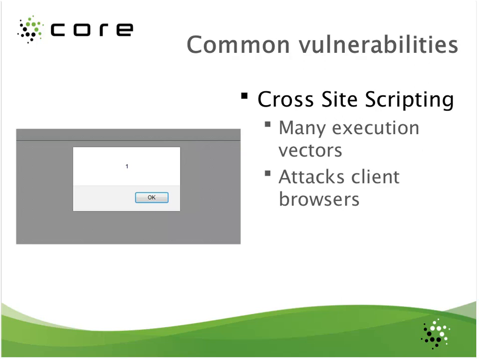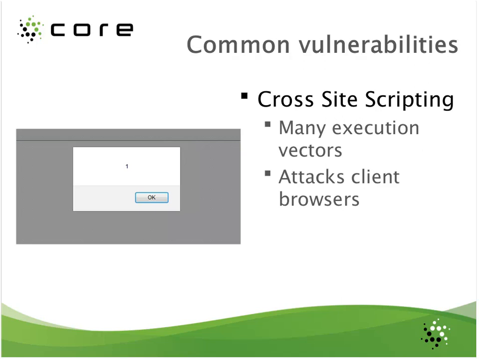So cross-site scripting, just to give a brief overview, is where we are able to interact with the content going into a web application in such a way that somebody else using the application interprets it as a command. So what you're seeing in the graphic off to the left is a JavaScript message box with the letter 1.